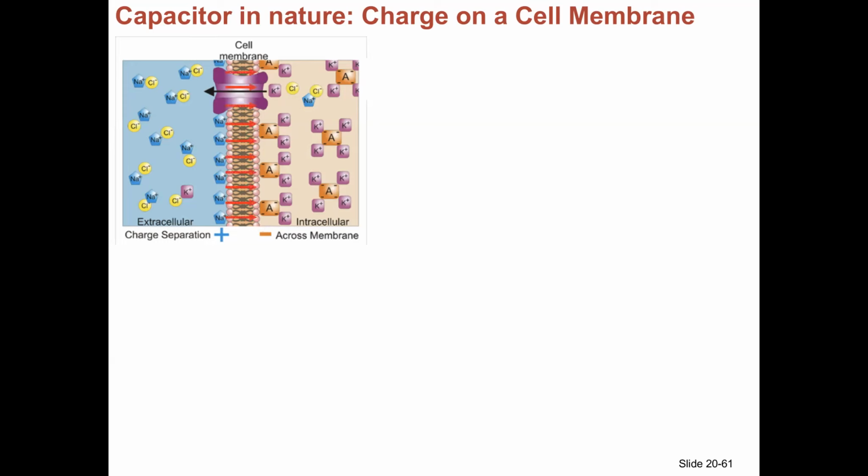They create an electric field that's strong and uniform in between the two plates, pointing from the positive side to the negative side. The positive side is under normal conditions outside the cell, the negative side is inside the cell. And this electric field is always there in our cell membranes.